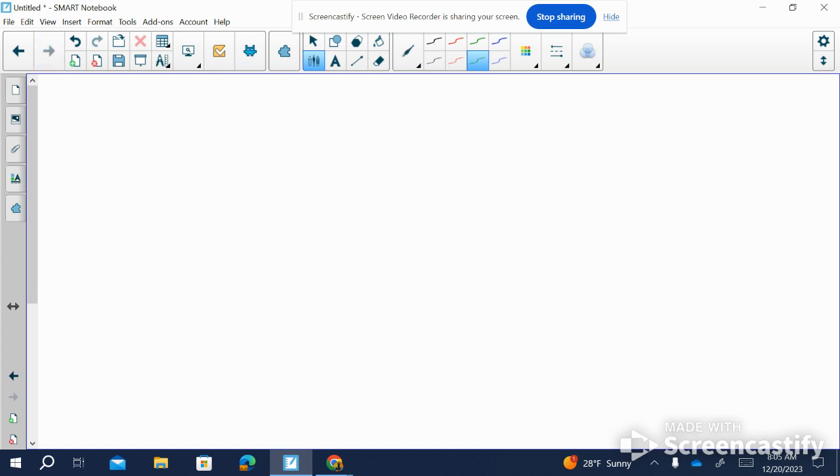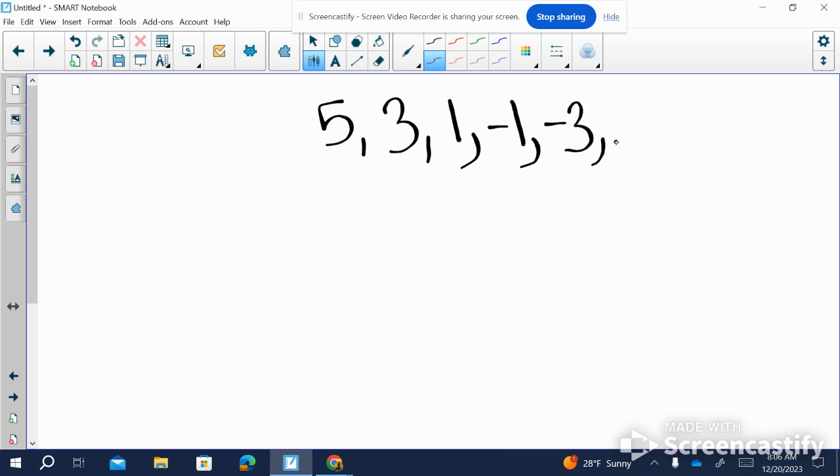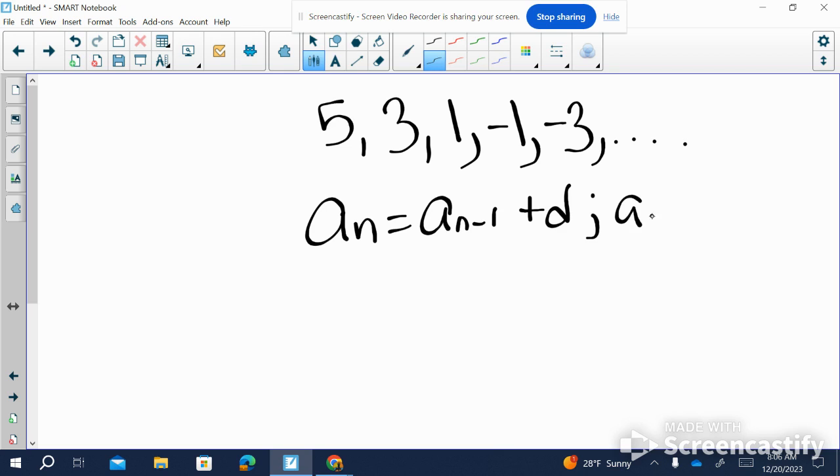Let's look at another one. Let's say I have 5, 3, 1, -1, -3, and so on and so forth. If I want to write the recursive formula for this, the information that I need is the common difference and the value of the first term.